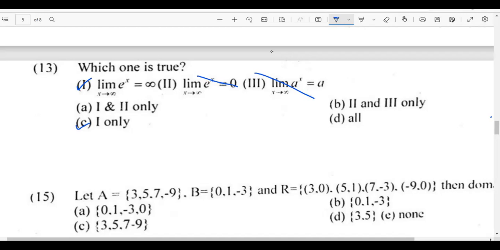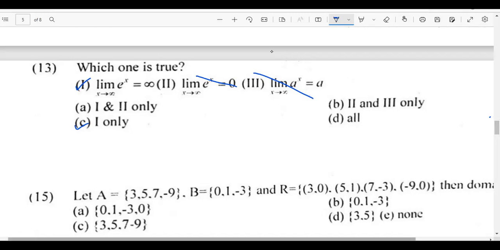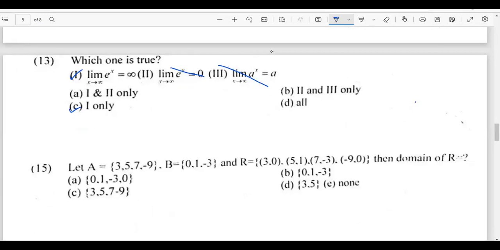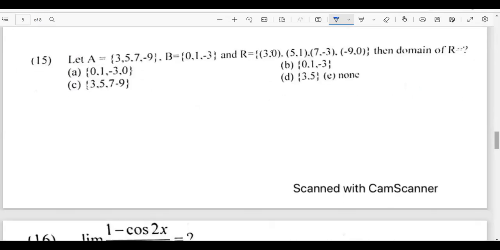All right. The 15th example is interesting. Let's talk about it. And it's easy as well. It says let A be this, B be this, and R is a set. Then the domain of R is. We are looking for the domain of R and we have these points of R: (3, 0), (5, 1), (7, -3), (-9, 0).